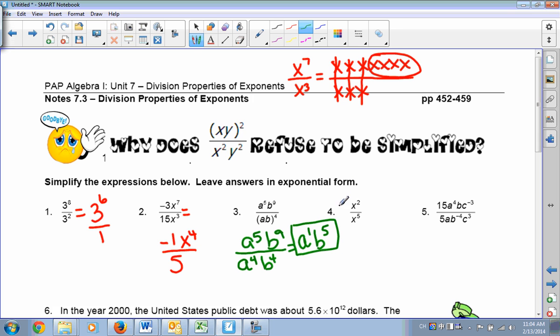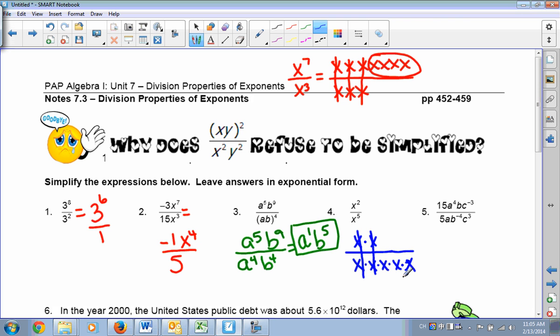This is where it becomes different because you have more x's in the denominator than in the numerator. So really, this means x times x over x times x times x times x times x, right? So when you cancel, you still have 3 x's, but where are they?